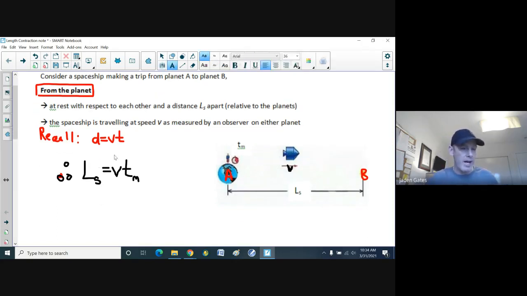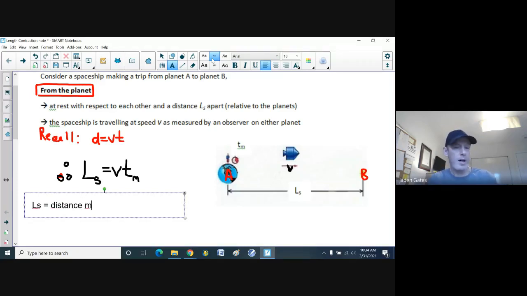So L_S is equal to the distance measured by the observer on planet A, or B, because neither one of them is moving.